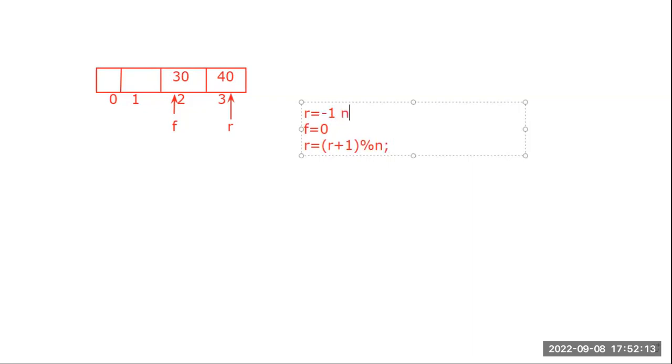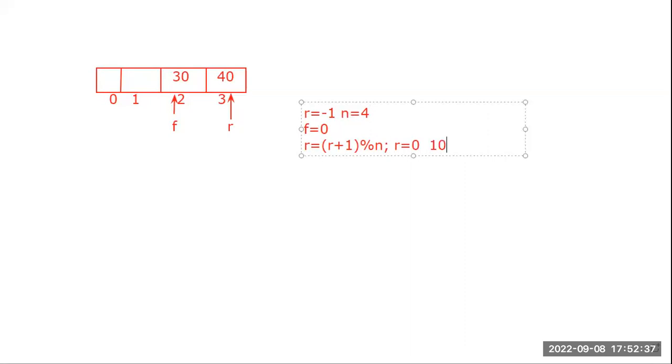So 0 mod 4. Anything less than 4 will be the same value, so 0 only. So R value will now be 0, and I have inserted that element in location R0.